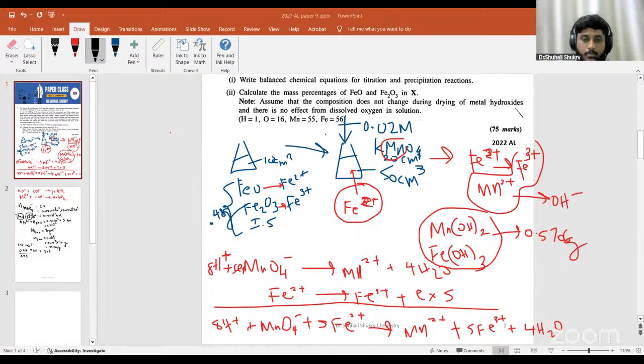One is ferric hydroxide, the other is manganese hydroxide. Ferric hydroxide and manganese hydroxide. Then under ferric hydroxide.